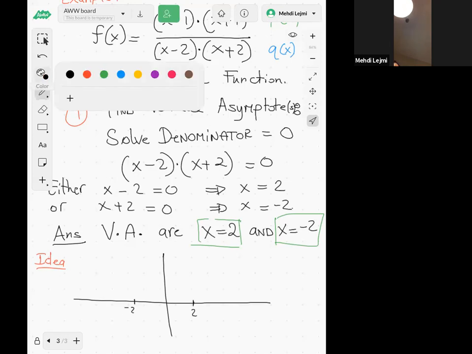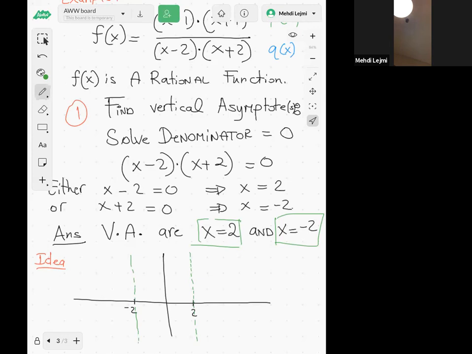So we have vertical lines here passing through positive 2 and through negative 2, right? That's my vertical asymptote.